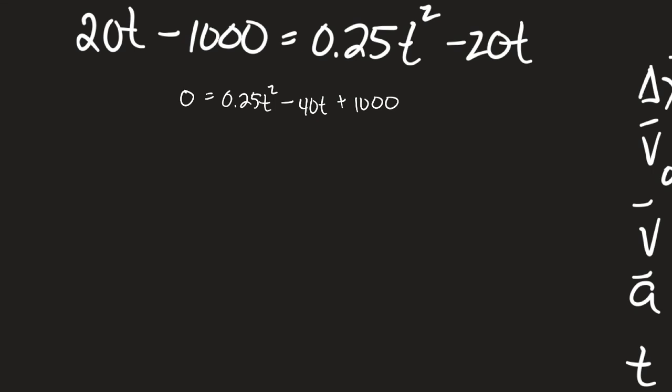I don't know if this factors or not. I could multiply everything by 4 to at least get it all in integers, but I'm just going to assume it doesn't factor and do the quadratic formula.